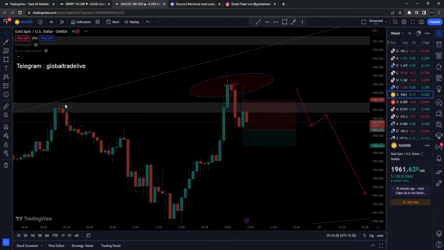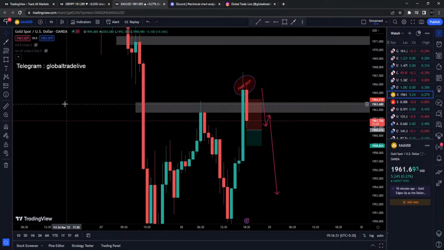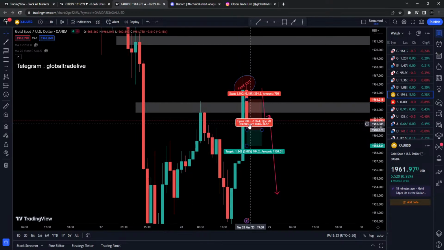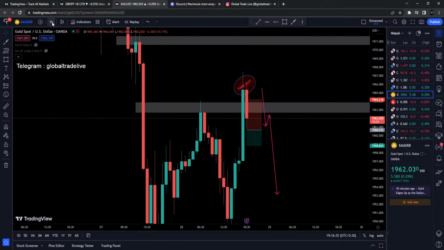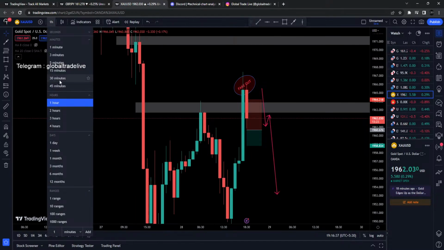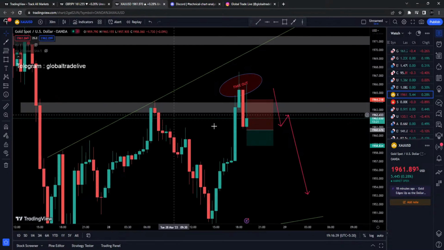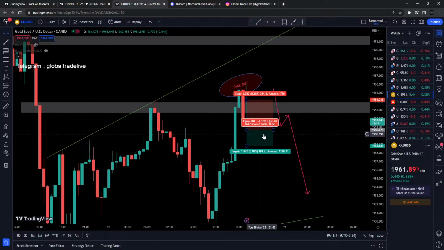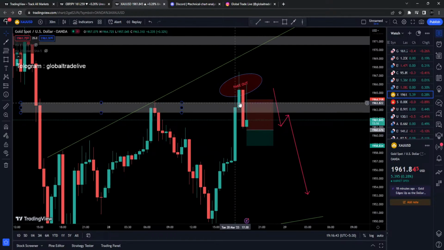Let's have a look at the 1 hour as well. Yeah, the 1 hour will be pushing down, but that will be a quick in and out thing, because the 1 hour might just get back up.